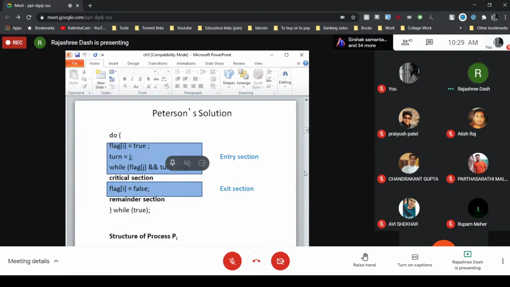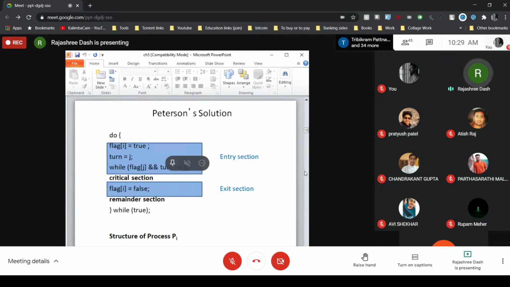By this, if the other process wishes to enter the critical section, it can also do the same thing. If both processes try to enter at the same time, remember, the turn will be set to both i and j at roughly the same time.